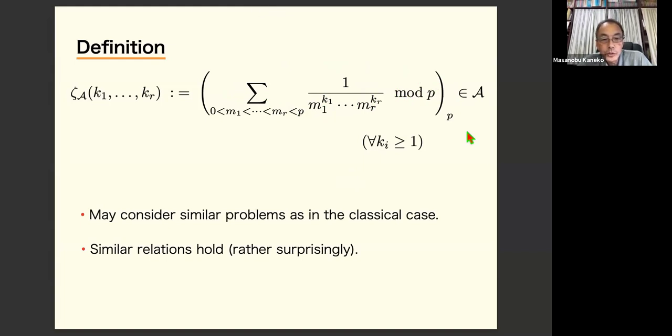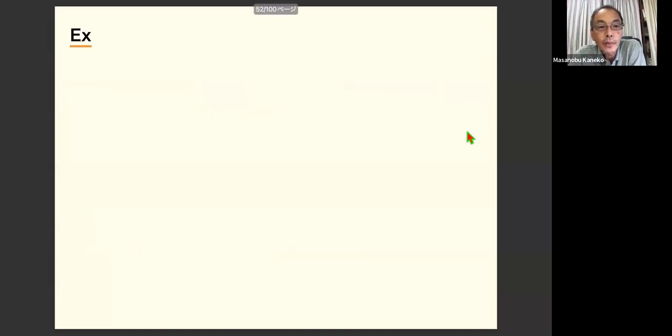So we may consider similar problems as in the classical case, and rather surprisingly, very similar looking relations hold in this new world of finite MZVs. So let's look at the examples of low depth.